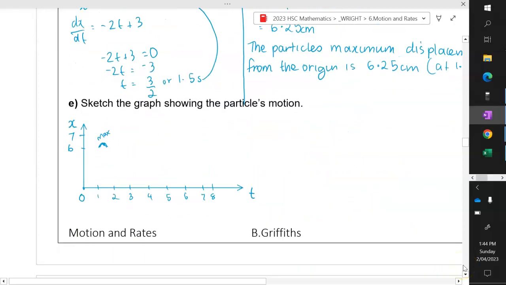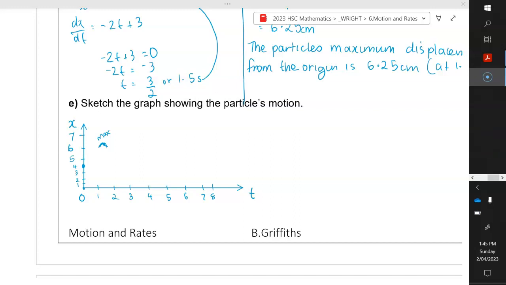So right at the start, we didn't start at the origin. We started at 4. We know that at time equals 0, I started at 4, and we're moving up here to reach my maximum value.